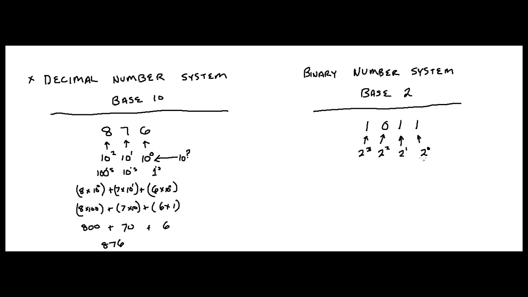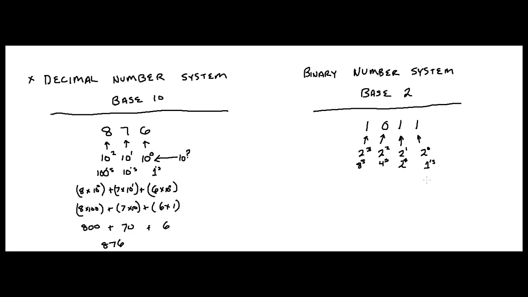Or in other words, this digit over here on the right is the 1s. This right here is the 2s. This right here is the 4s, and this right here is the 8s.